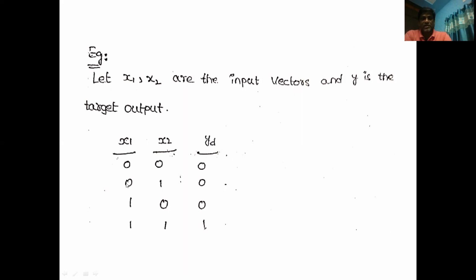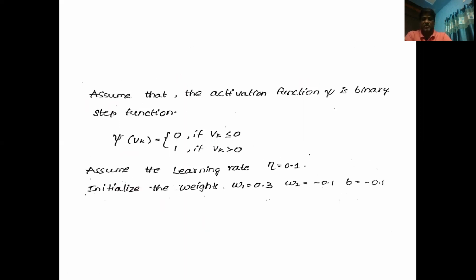If the input vector is 0, 1, the desired response is 0. If the input vector is 1, 0, the desired response must be 0. If the input vector is 1, 1, the desired response must be 1. So to simulate this behavior of the AND gate, we are going to design a neural network that makes use of error correction learning. And we also need to assume a few things here.